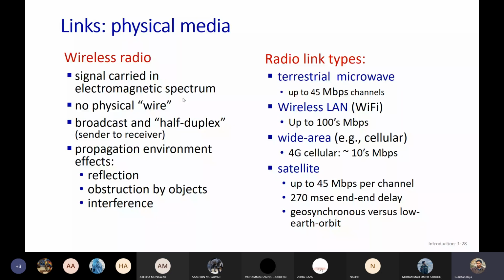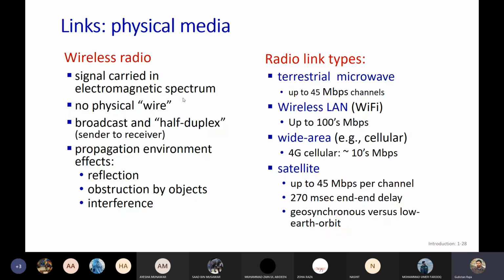So that's why its speed is much lower. If you compare the various speeds of radio links, you see here that satellite or terrestrial microwave has lower bandwidths and transmission rates. Then we have geosynchronous versus low Earth orbit satellites.